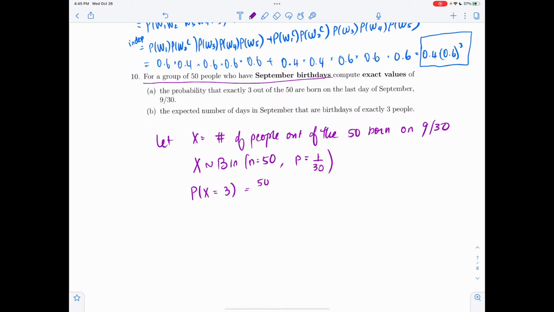So that is 50 choose 3, 1 over 30 raised to 3, 29 over 30 raised to 50 minus 3.